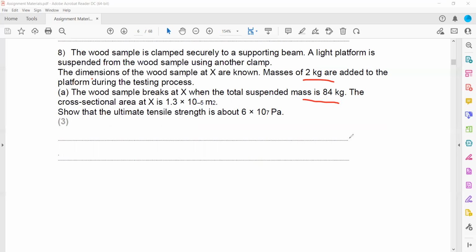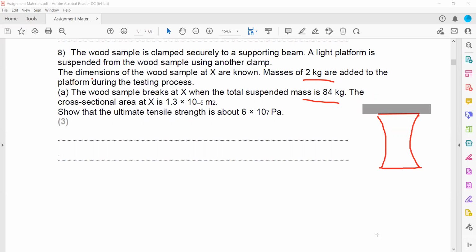So how can we show this? For example, there's a wood sample. Say this is a sample of wood, and it is fixed from the top according to the question. It is clamped from the top.